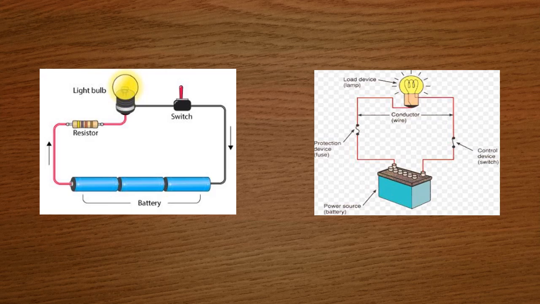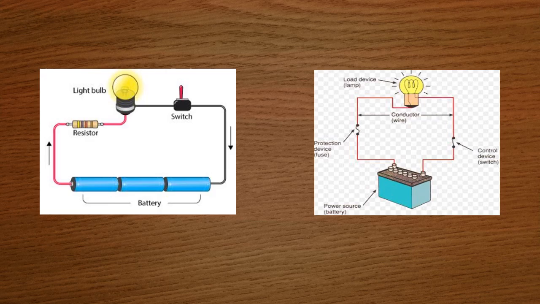Resistors have different types of values. Fuses also have different types of values. The value of resistance is different for different types of devices. Like a device which needs only 10 ampere current and another device which needs 5 ampere current, they need different types of resistance inside their body.